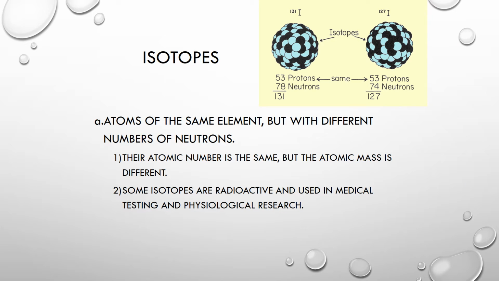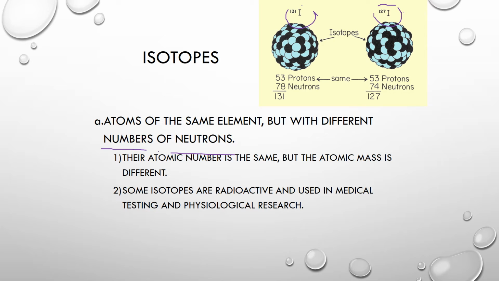So let's look at a number of isotopes, which are very important for physiological processes, and especially in a research setting and clinical research. So isotopes are atoms of the same element but with a different number of neutrons, okay? So let's look at this example here where we have iodine 131 versus iodine 127.